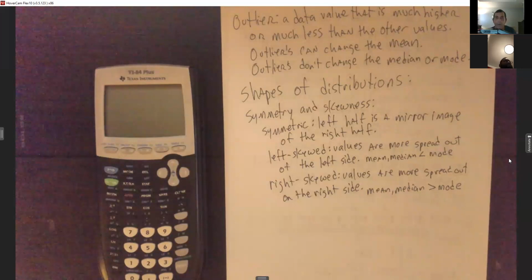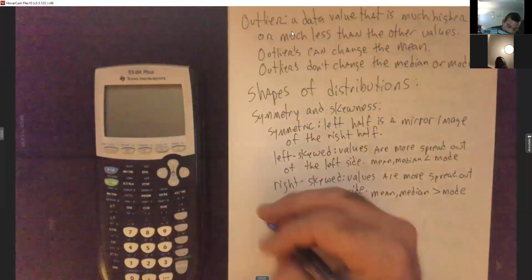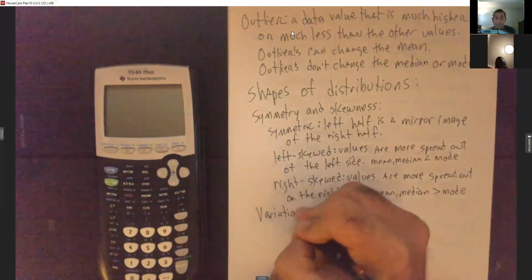Alrighty, so I got one more coming in. All right, so the last thing we're going to look at, and then I'm going to show you all some examples of your homework. So the last thing I'm going to lecture over before we look at our homework is variation.